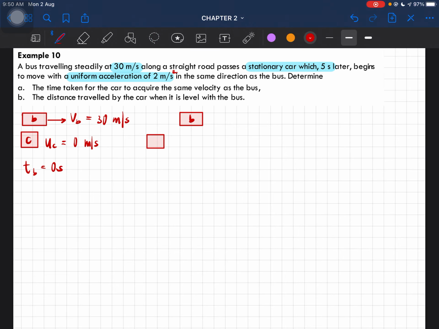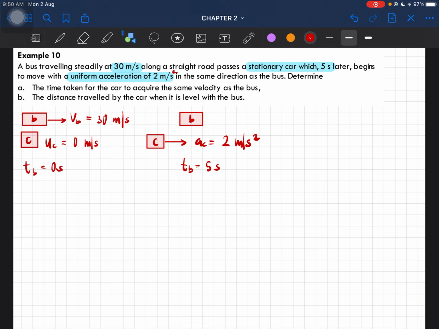Okay, so the car here starts at 5 seconds. After 5 seconds, this car started moving with a uniform acceleration of 2 meter per second square. Okay, so that is the only information we have about the car. We don't have the velocity of the car after 5 seconds.